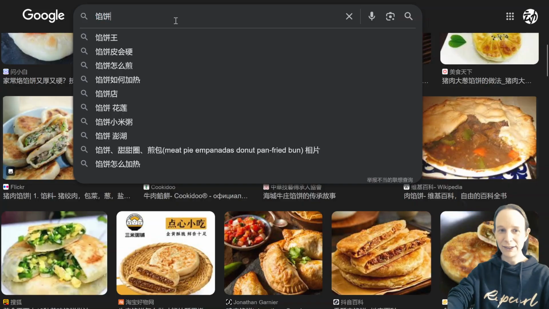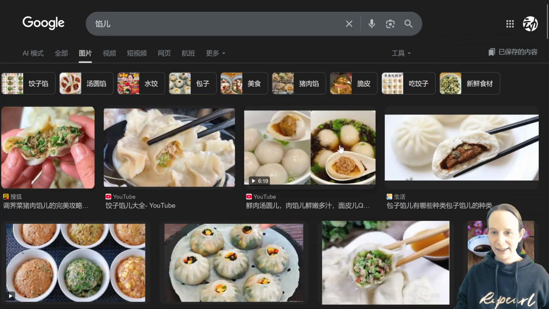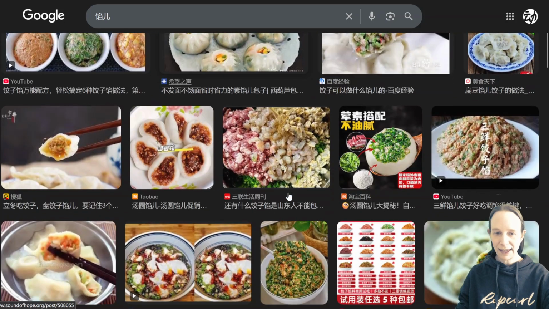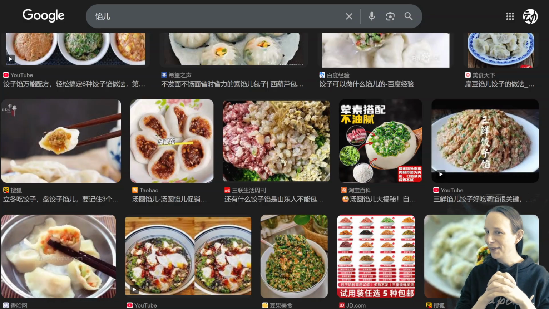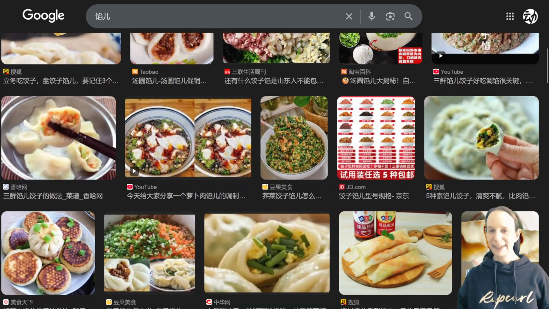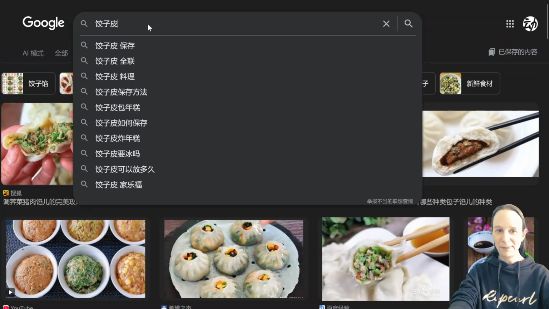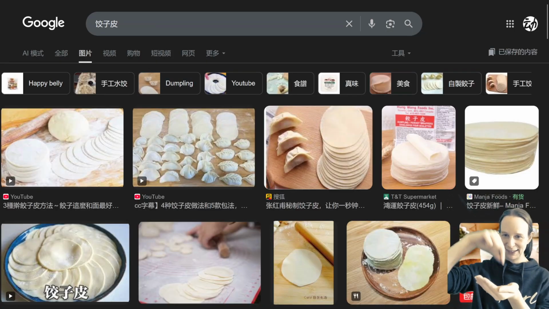You also have the concept of 馅儿. This one. So this is 饺子馅儿 or 包子馅儿. It's the thing that's inside something else. The stuffing. So it's used for food, and usually on the outside you have 皮, 饺子皮, and in the 饺子皮 you put 饺子馅儿.